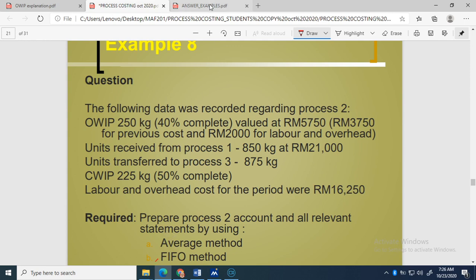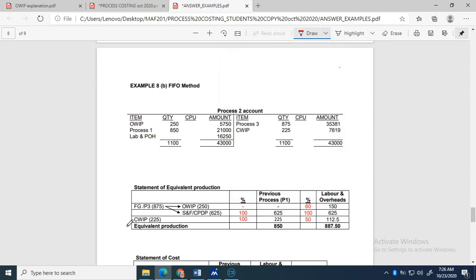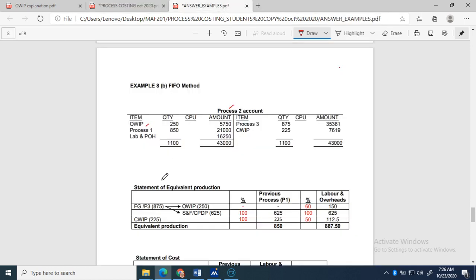Okay, let's see the answers. We are in a process 2 account. So what is the account to be debited? Referring to the question, it is OWIP 250 kg valued at 5,750. This is the same as with the average method, 250 kg, 5,750.